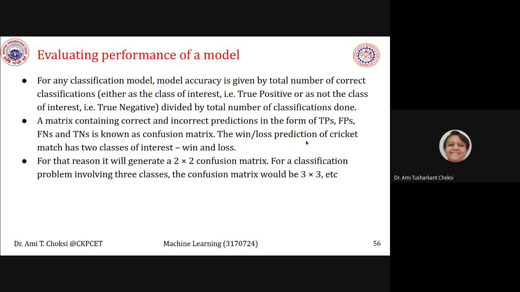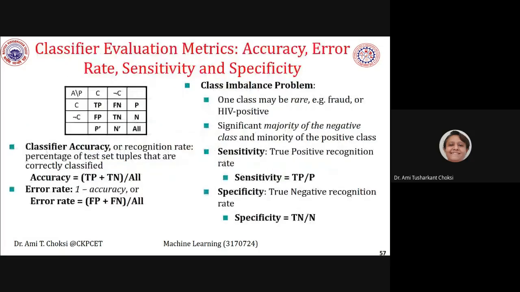The win or loss prediction of a cricket match has two classes of interest, win and loss. For that reason, it will generate a 2 by 2 matrix, and that is the confusion matrix. For a classification problem involving three classes, the confusion matrix would be 3 by 3, right?